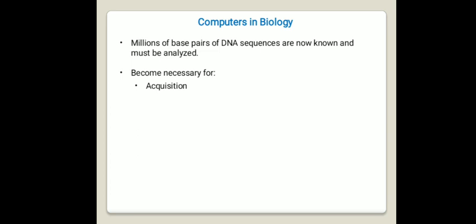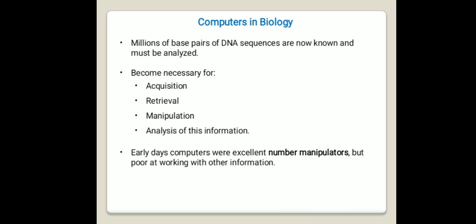In the early days of computing, it was believed that computers were excellent number manipulators, but poor at working with other forms of information. The truth which has emerged after the introduction of artificial intelligence is that computers are excellent general purpose symbol manipulators. Numbers are also a type of symbol, but so too are nucleic acid sequences, restriction maps, and even more complex forms of knowledge like strategies for carrying out recombinant DNA experiments.